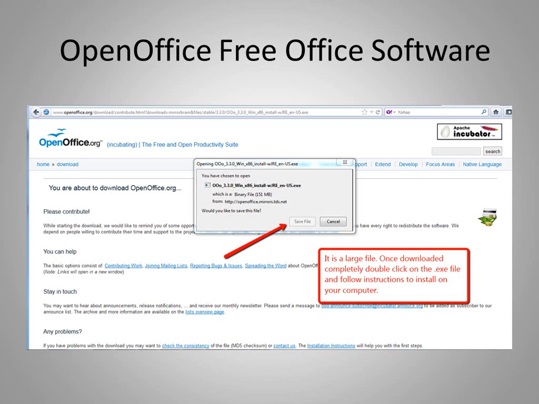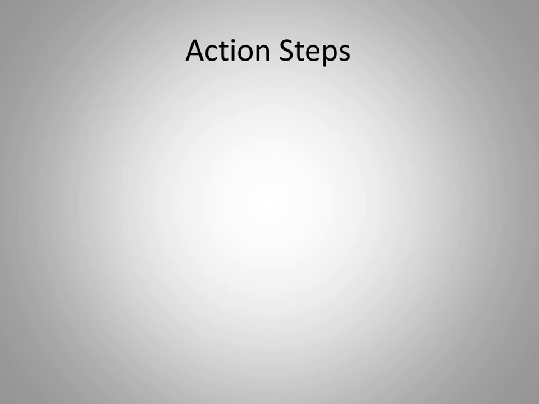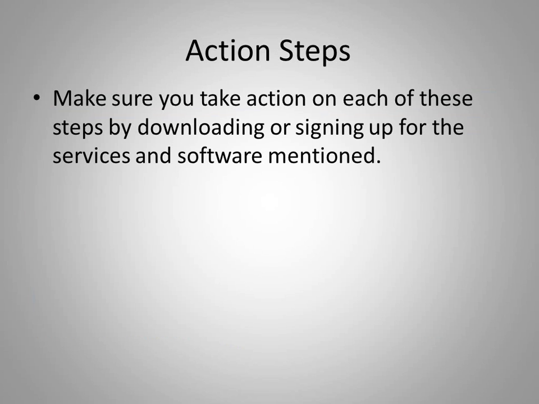So let it download completely so that the entire program gets on there. What it does is give you a version of Microsoft Word, PowerPoint, Excel, those kinds of things. It does the same functions those do, but it's a whole suite of free solutions for you, and that's OpenOffice.